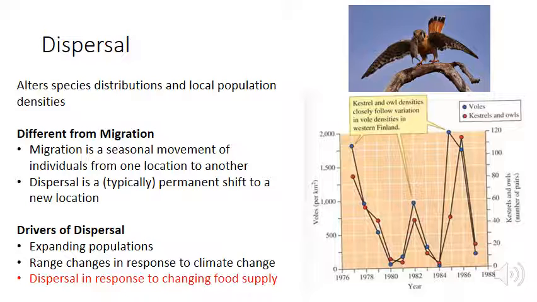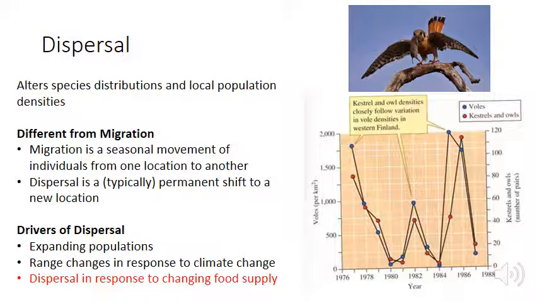But you can see that the kestrel populations follow the vole populations extremely closely, and kestrels are much longer lived and slower reproducing animals. So there's no way that the kestrels could follow the population patterns of the voles through changes in reproductive rate.